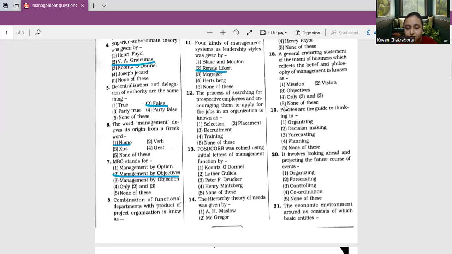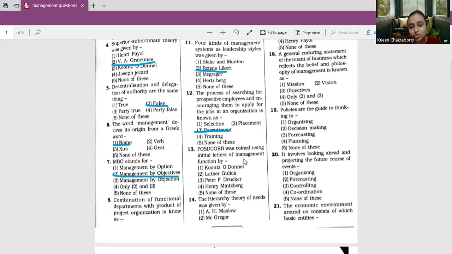Recruitment is the process of attracting prospective employees on a timely basis, in sufficient numbers and with appropriate qualifications as required for the particular job, and also stimulating and encouraging them to apply for jobs within an organization. So the answer to our question number 12 is recruitment.